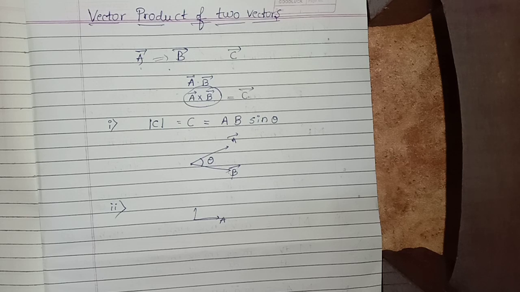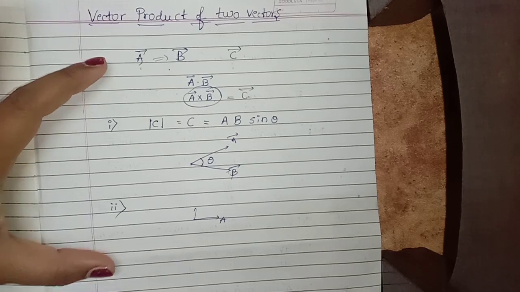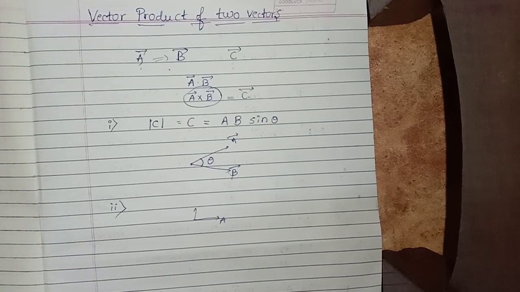We don't have any theory part today, just derivations. From the next class I'll explain the right hand rule and right handed screw rule once more. Up to this introduction, the meaning of vector product of two vectors, we'll discuss today. Other things we can continue in the next class.